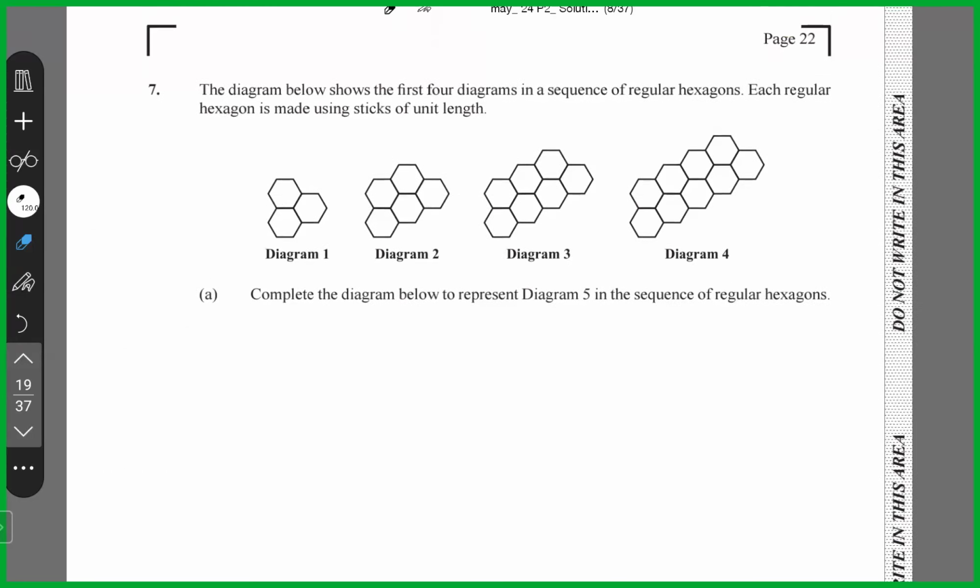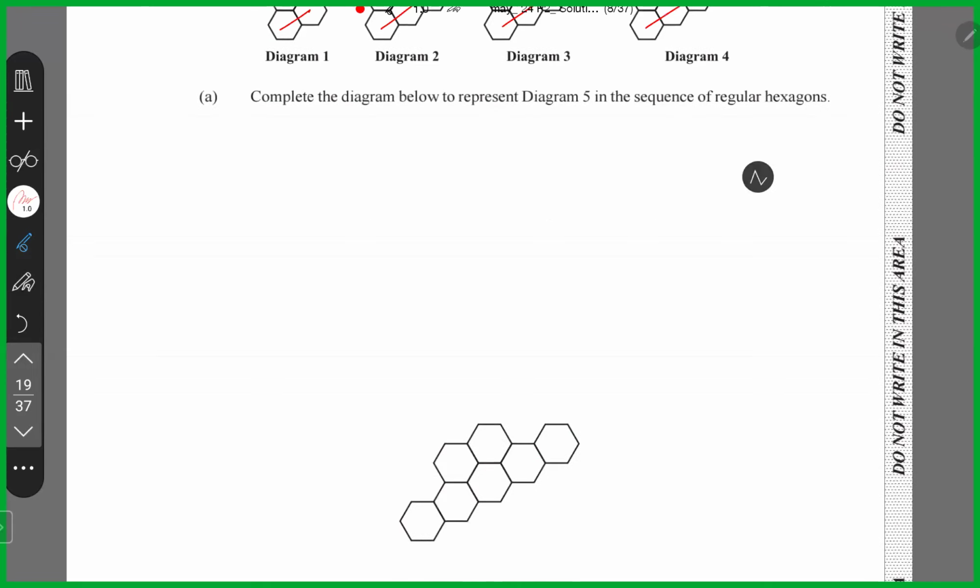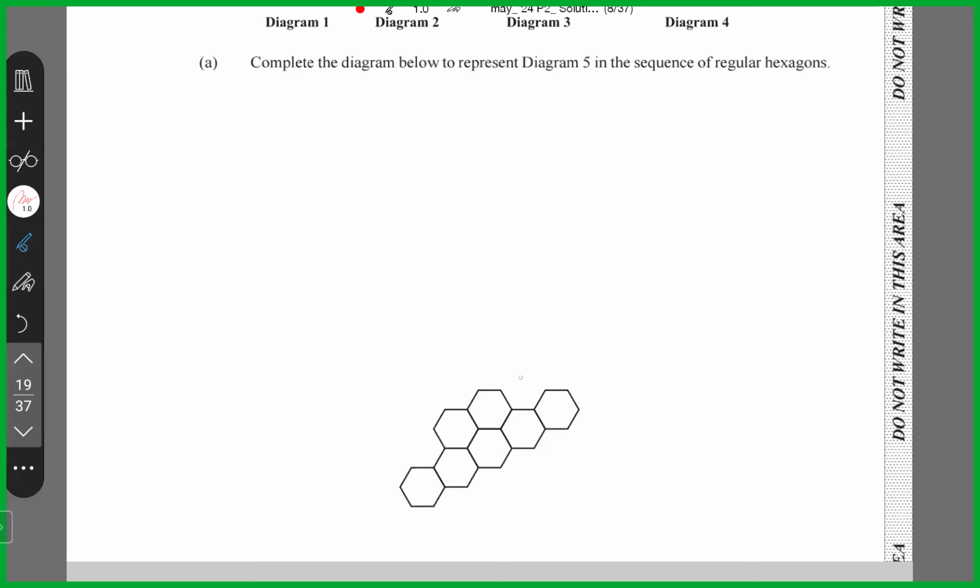So there are 2 here. There's 2 here. You have 2, 3, 4, 5. So I'm guessing the next one should have 6. So we need to add another one.